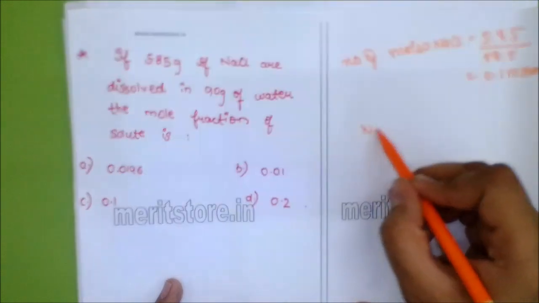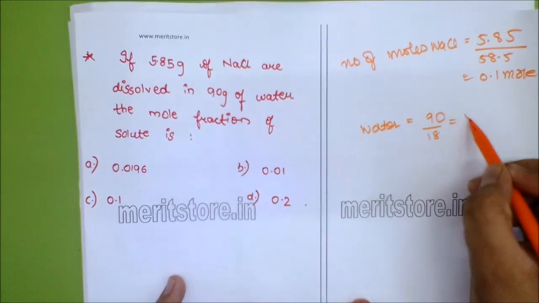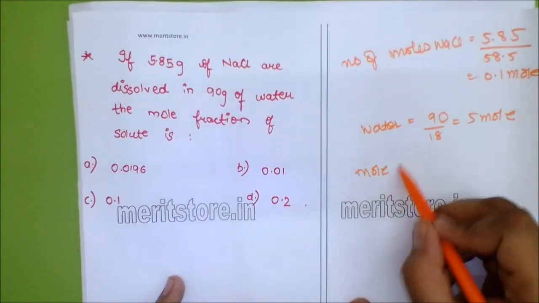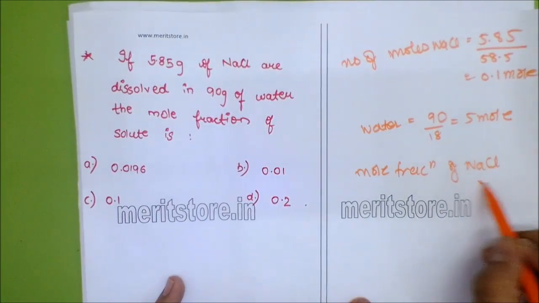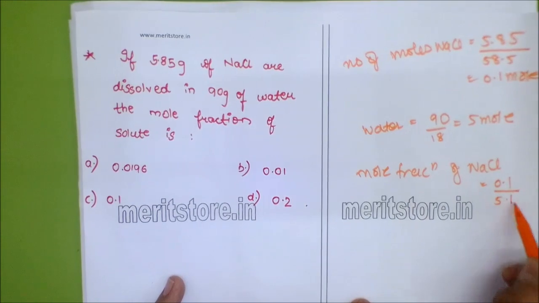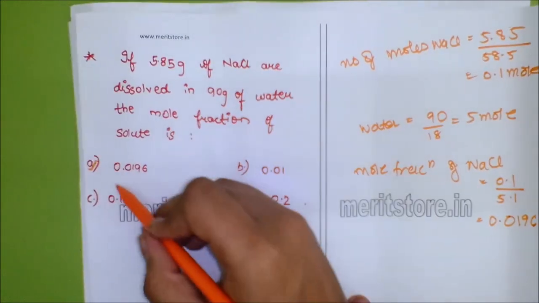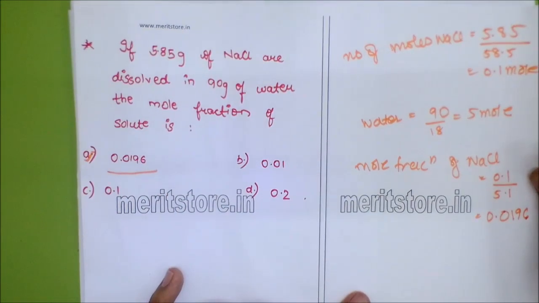Number of moles of water is equal to 90 upon 18, which is equal to 5 mole. Mole fraction of NaCl is equal to 0.1 upon 5.1, which is equal to 0.0196. So option A, 0.0196, is the correct answer.